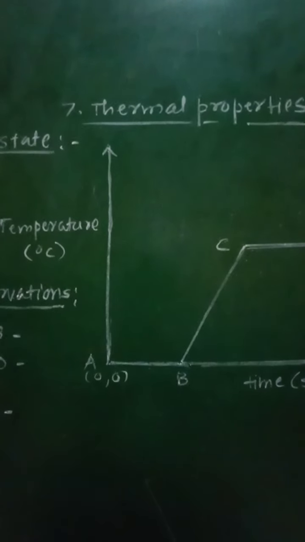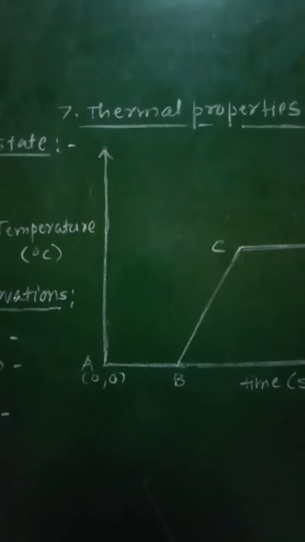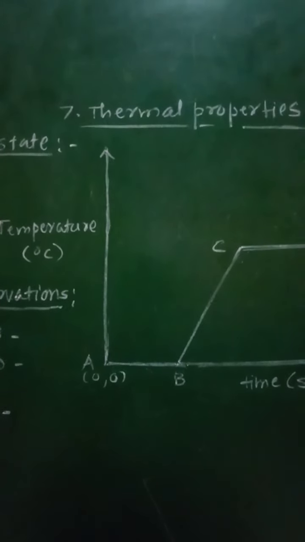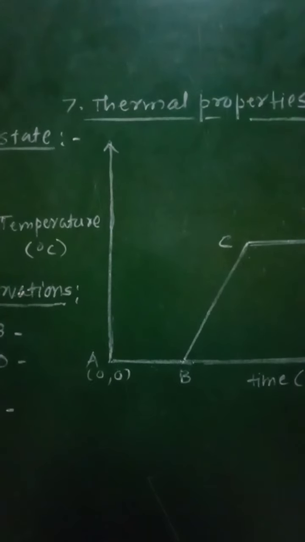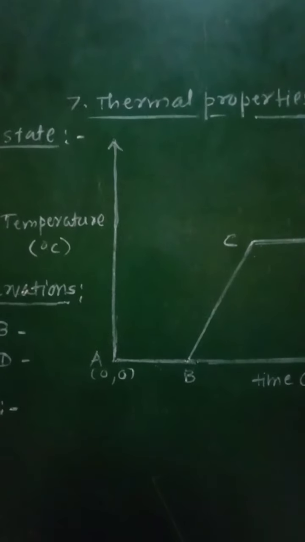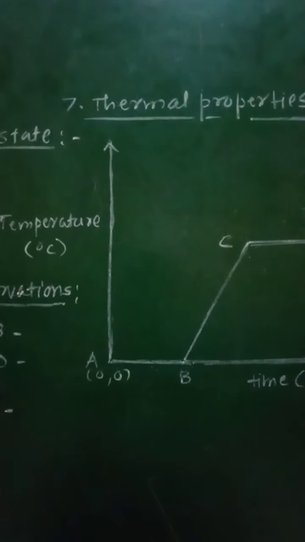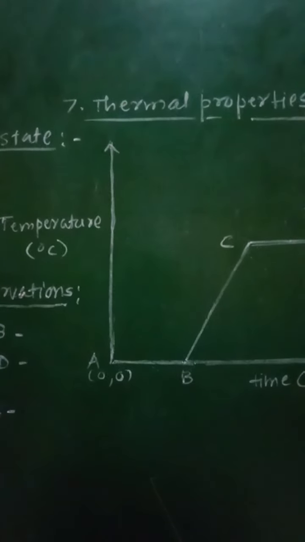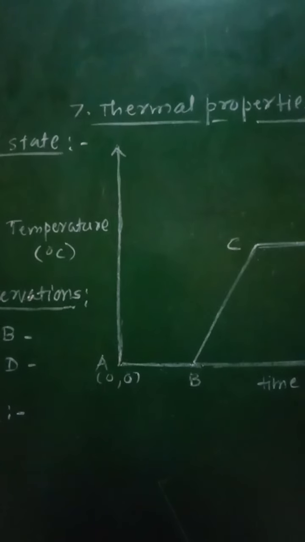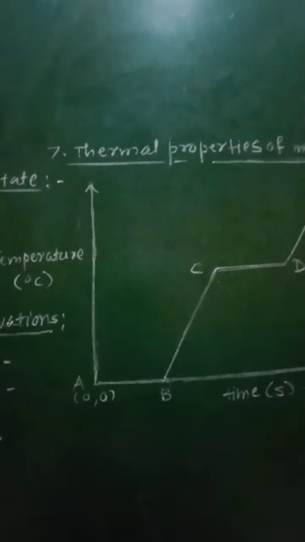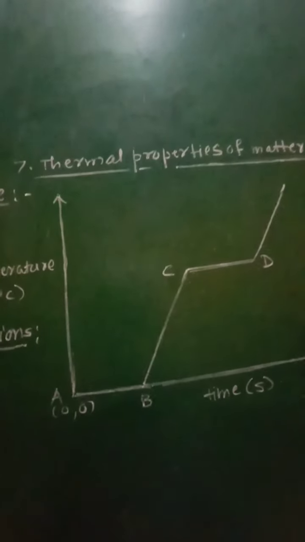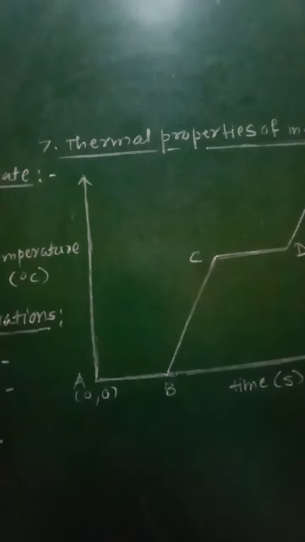The freezing point describes the liquid to solid conversion and the melting point describes the solid to liquid conversion. Thus, at the melting point, the solid will get converted into liquid, and at the freezing point, the liquid will get converted into solid. So this is regarding the first point, that is, analysis of the observations from point A to point B.